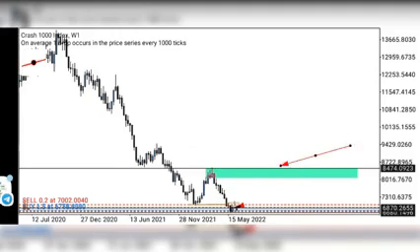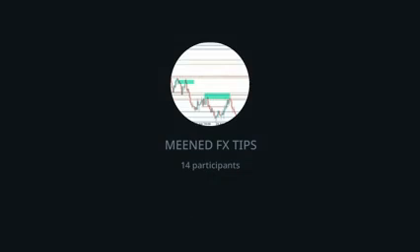So that green zone I marked is my other block on weekly. Mr. Ben Great, are you hearing? Yes, sir. I can hear you, sir. Hello.